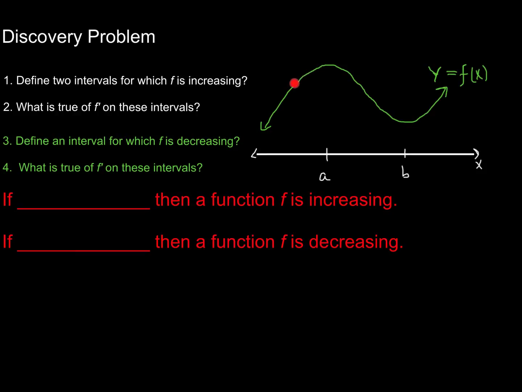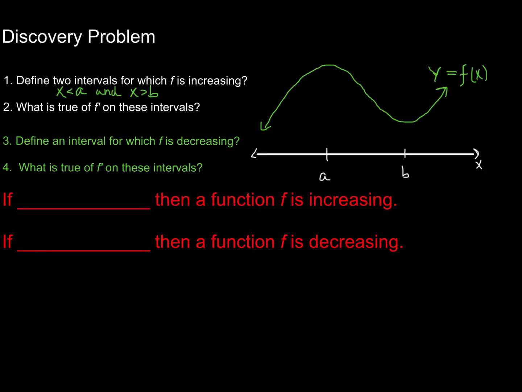So one interval where the function is increasing is for all values x less than a. If we continue on, notice here it's not increasing, but then past b it is increasing. So another interval would be all values x greater than b.